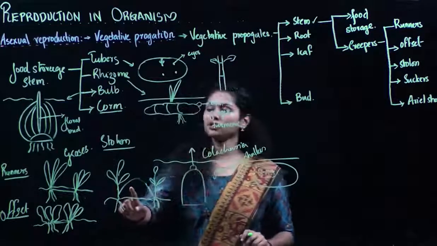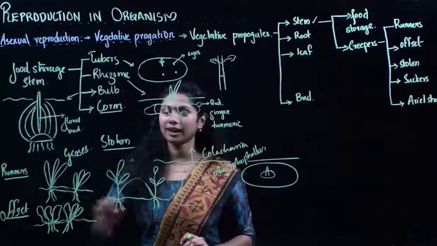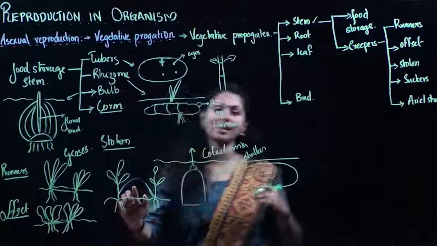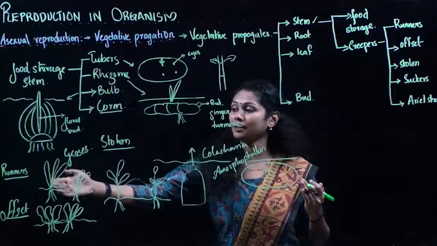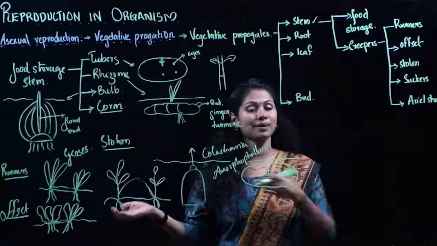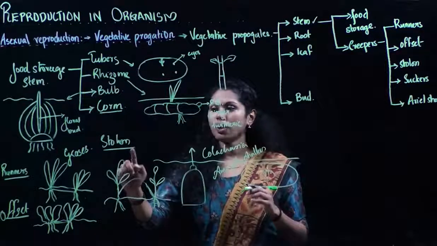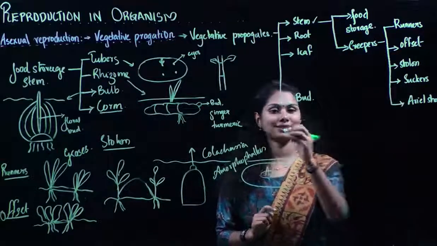So here the stolon and runner are different: the lateral branch is always seen above the ground, whereas in a runner the lateral branch will be seen below the ground. After stolon we have suckers.